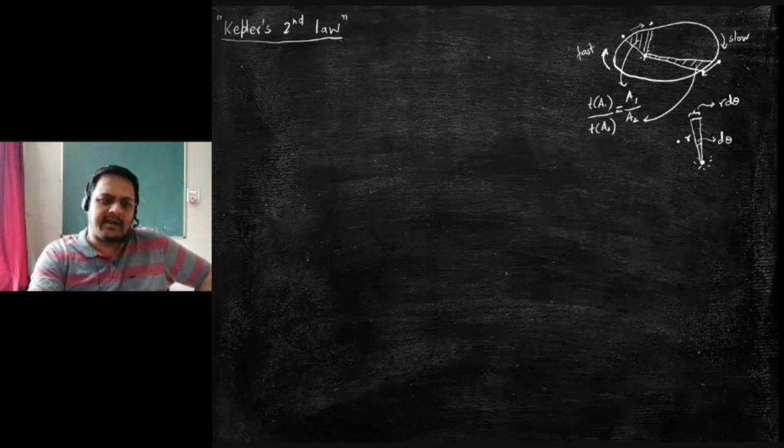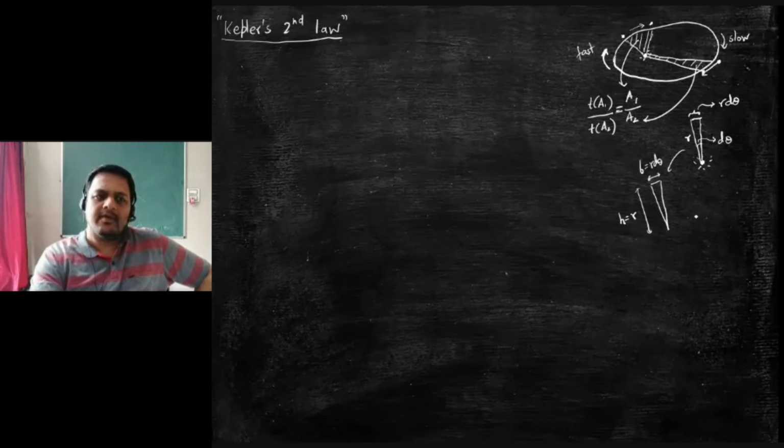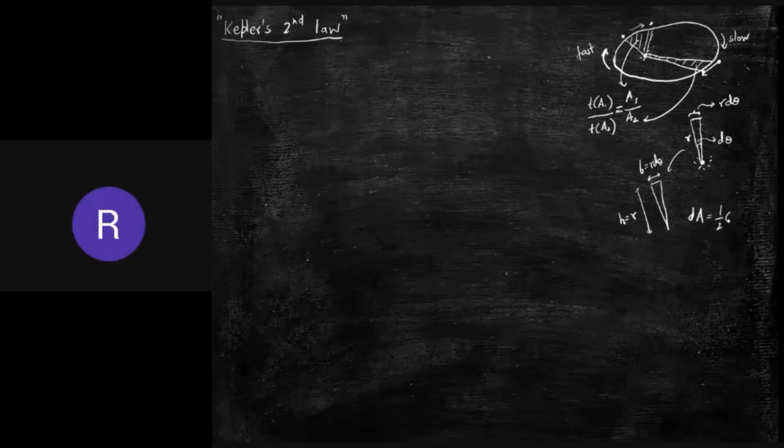Now let me treat this as a triangle, where the height is more or less r approximately, and the base is equal to r d theta. What will be the area? Half base into height. Half r square d theta.